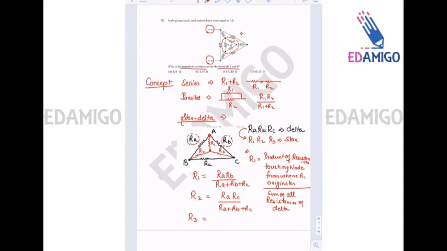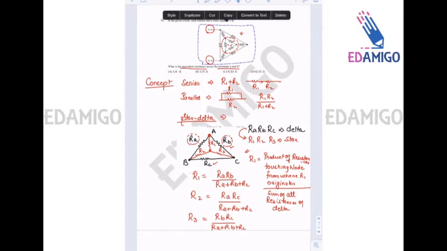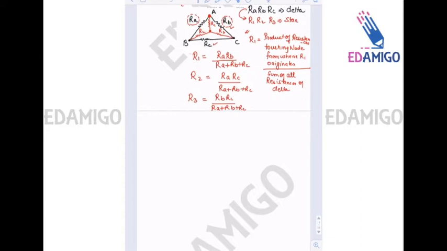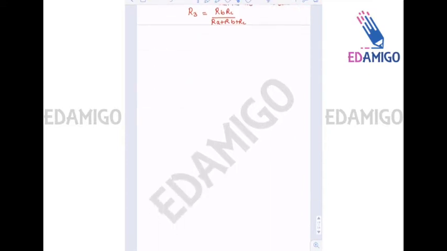R3 originates from node C, and node C has RB and RC touching it, so it is RB RC divided by RA plus RB plus RC. Right? Okay. So I will just copy this figure. Now we know delta to star, and star to delta will be done in the upcoming questions. There are many questions related to this concept in the previous year, so we will be solving that also.